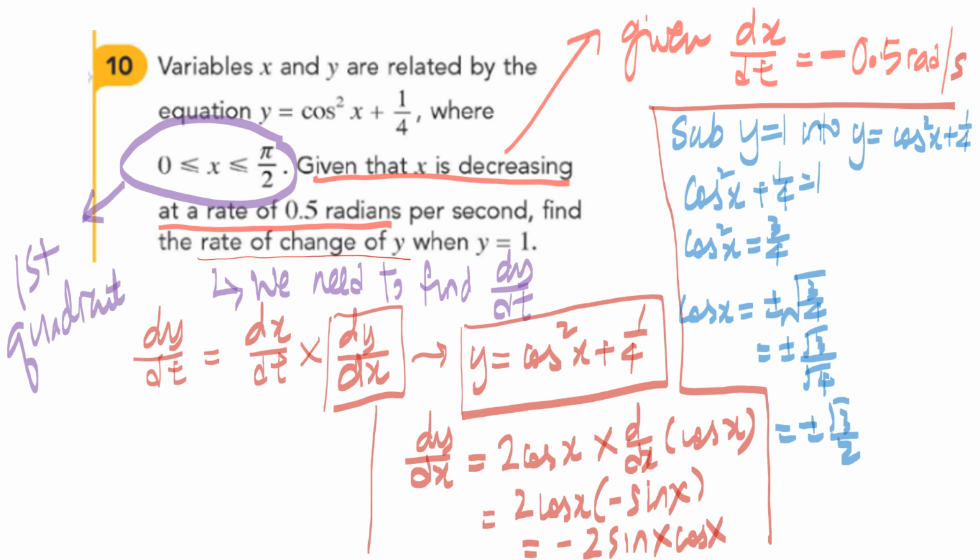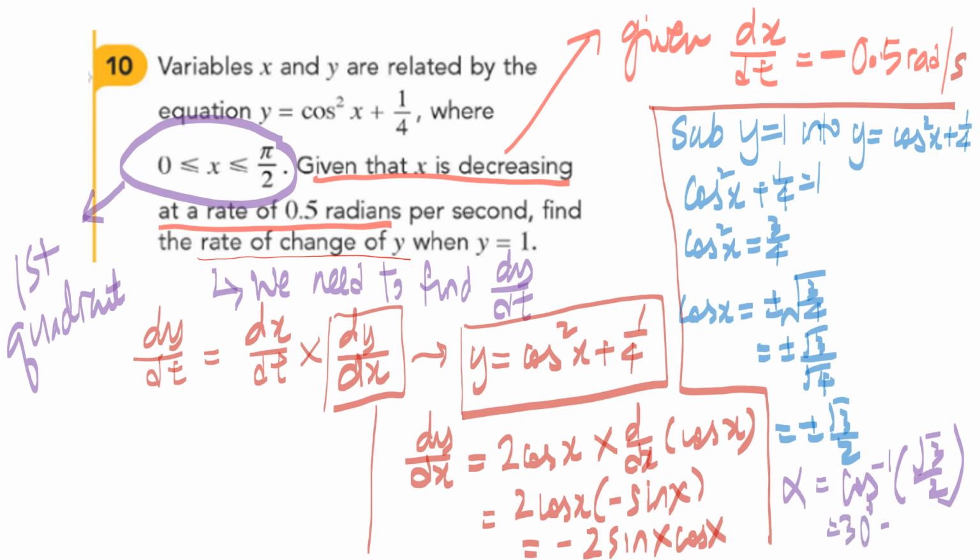Alright, so we need to find alpha. Alpha is a reference angle. Alpha is always positive. So you take the positive value of your cos x, which is square root 3 over 2. So you would get 30 degrees.